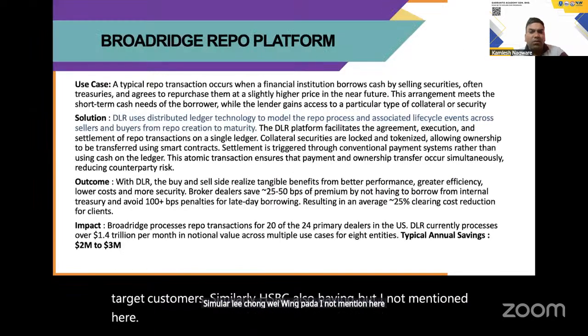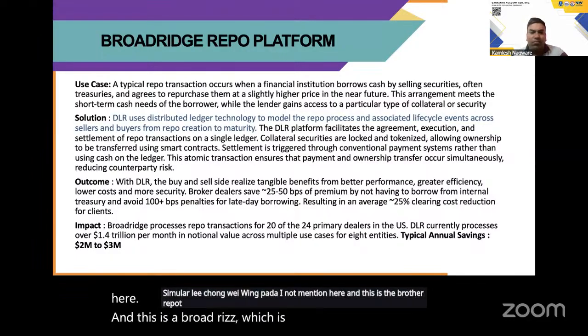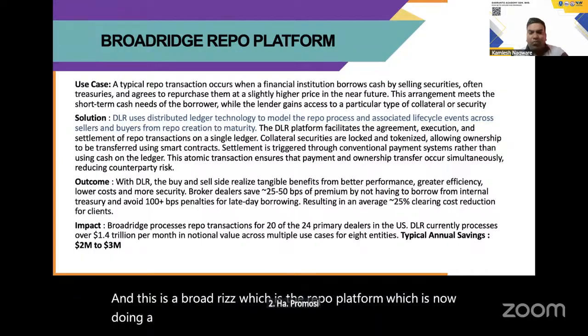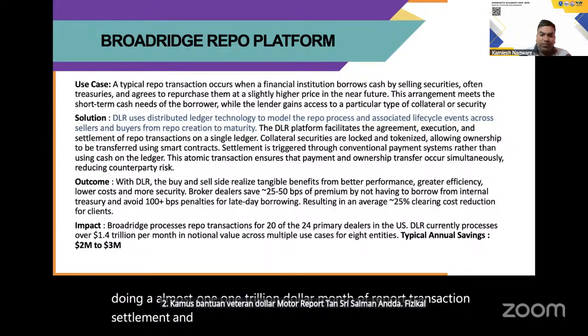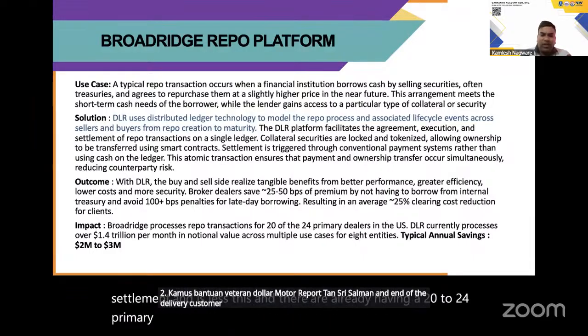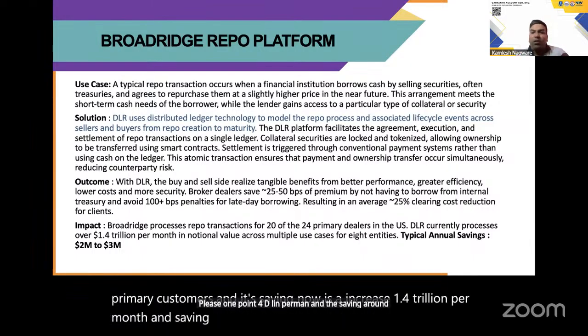And this is Broadridge, which is the repo platform, now doing almost $1 trillion a month of repo transaction settlement. They already have 20 to 24 primary customers, and volume has now increased to 1.4 trillion per month, and they are saving around $2 to $3 million using this platform.